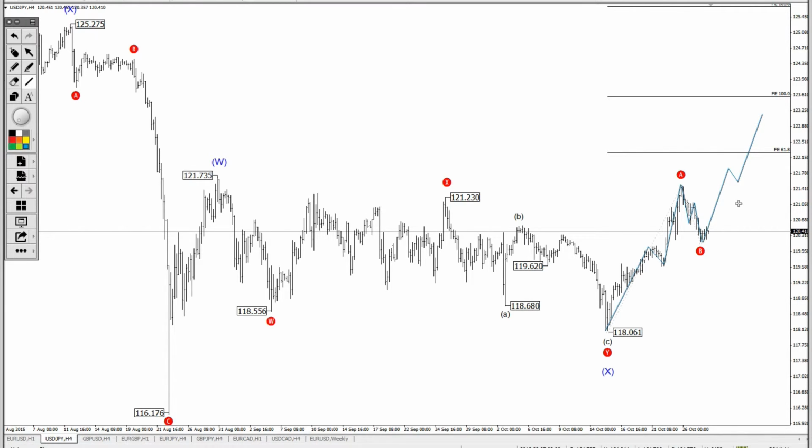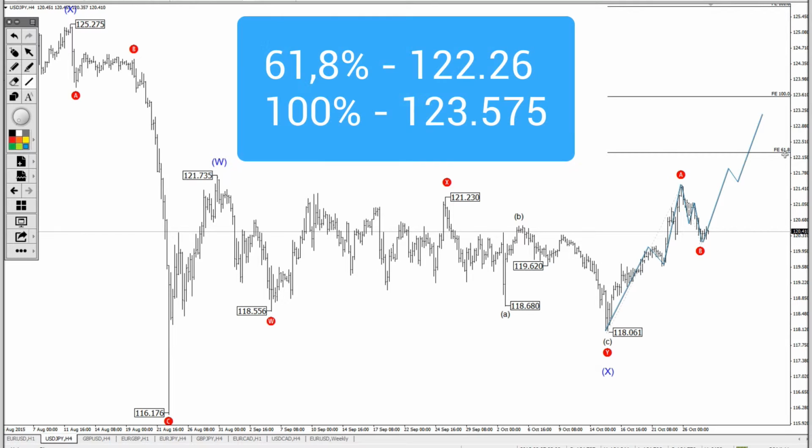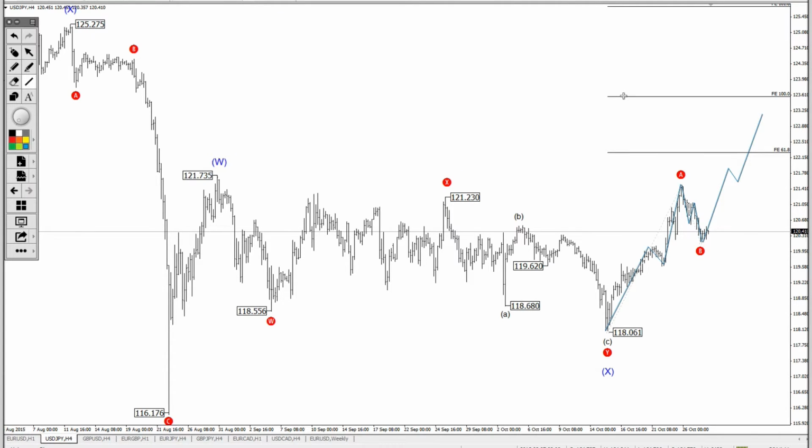I have my Fibonacci expansion tool on the charts, which gives us targets around 120.23, which would be the 61.8% Fibonacci expansion level, and 123.5 approximately would be the 100% expansion level. So these two levels can be counted as final targets for this next leg higher.